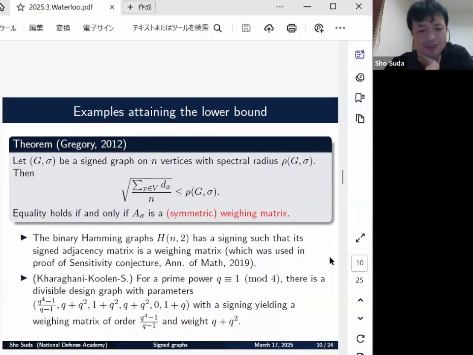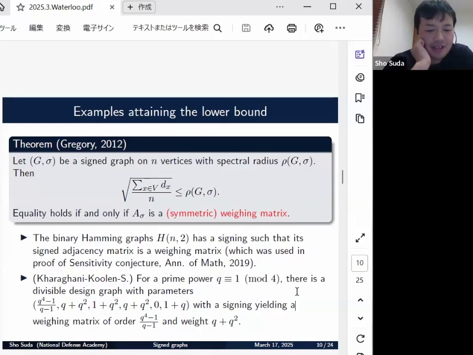This result appeared in the Annals of Mathematics already 6 years ago, and I think we were really surprised. So this signing is also very famous in our community, and it can be used to prove some conjectures.